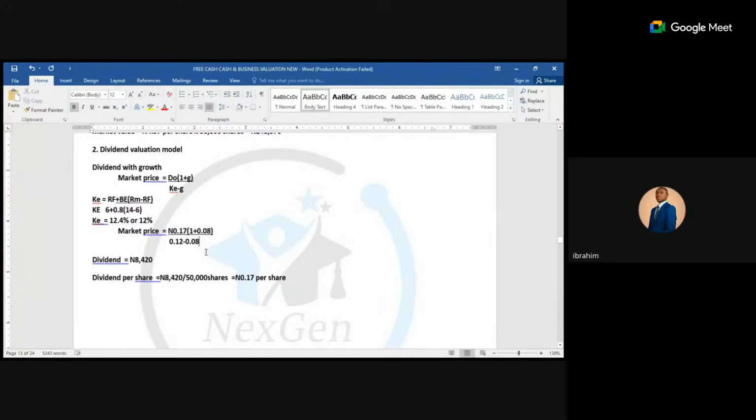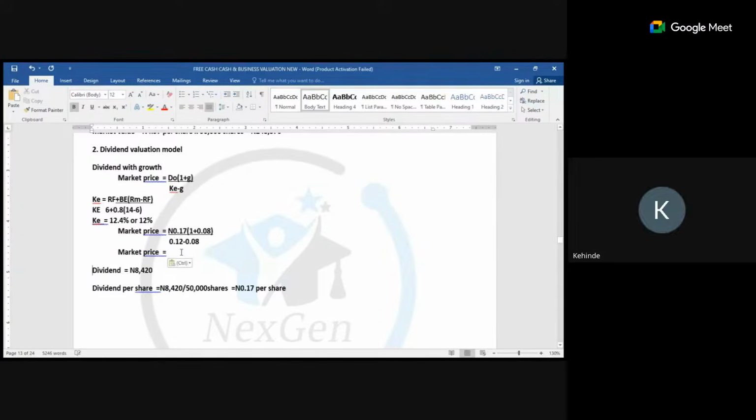So what is the market price? What is the market price? 0.89 naira per share. So we can get the market value.